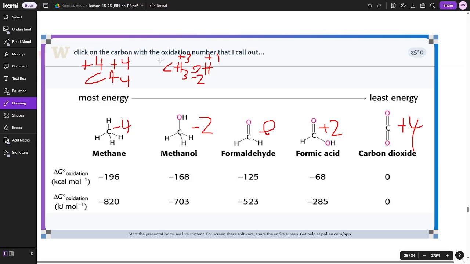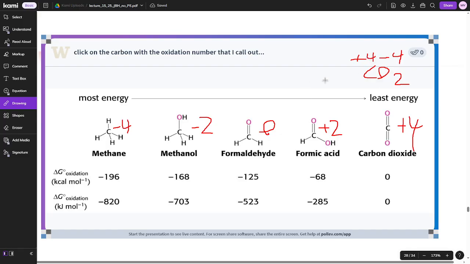Wait a minute. Actually, ignore this. I have to go through this a little bit more, because I think I'm messing up my own method here. Can you tell I'm just winging it a little bit?